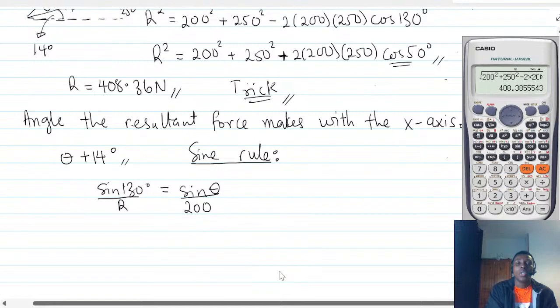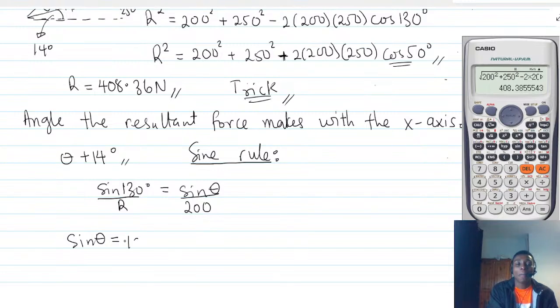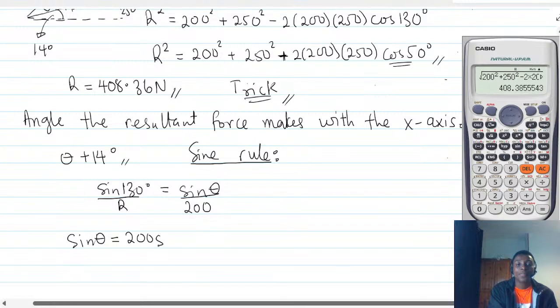So now to find theta, we can say that sine theta is nothing but 200 sine 130 divided by r. And what is r? R is 408.36 newtons.